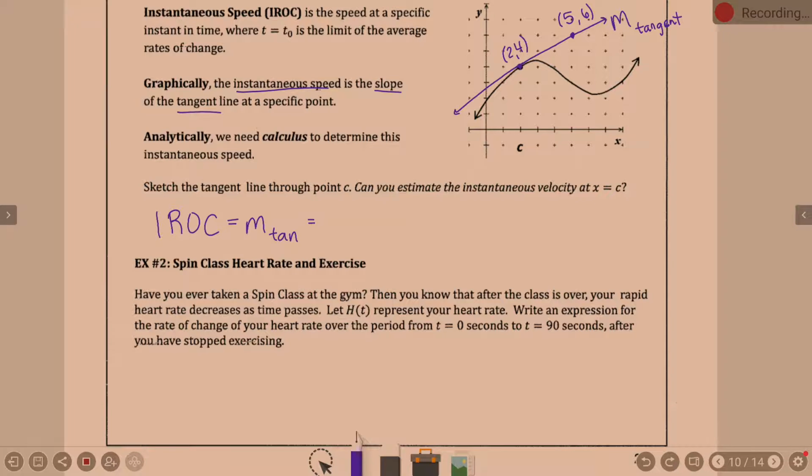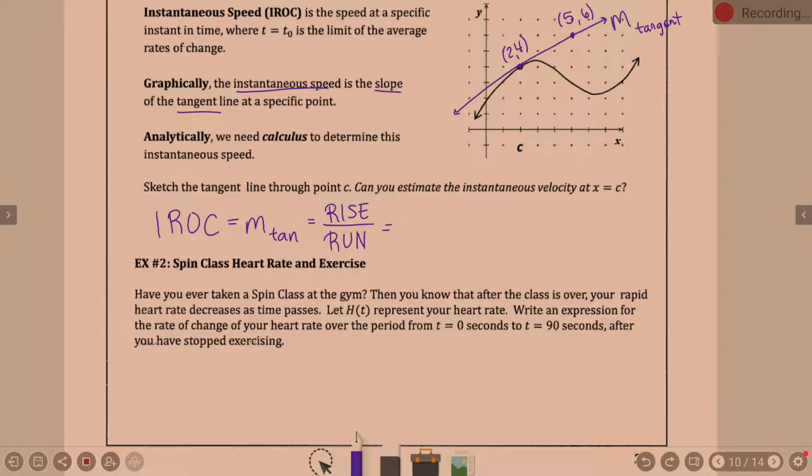I wrote in the ordered pairs. I guess you don't really need the ordered pairs, though. How else can I do slope? Instead of using ordered pairs, we can look at the graph and count. Rise over run's not too deep.